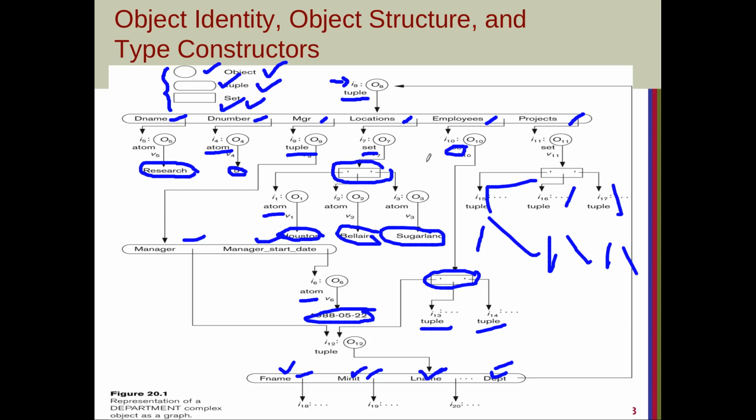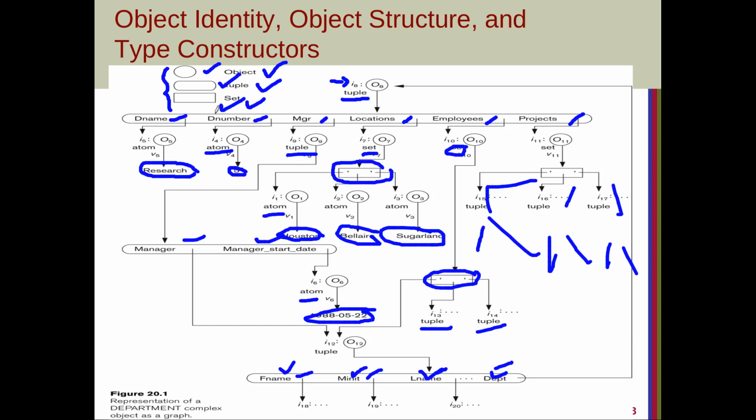You can represent one object as a tuple with, say, three elements: one element can be an atomic value, another element can be another tuple, and the third element can be a set. In that way you can represent an object structure for explanation purposes.